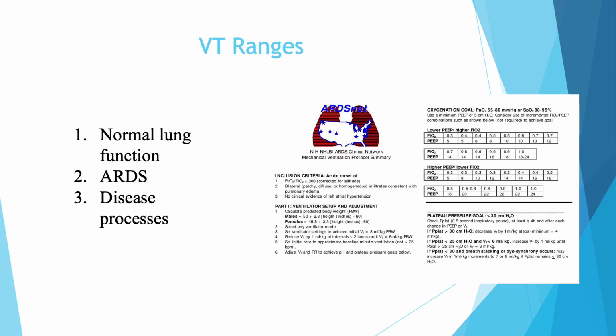To expand on tidal volumes and how we set them, typically when we place a patient on the ventilator, the patient does not have normal lung function. Let's say they were intubated for a procedure or airway protection or anything like that.